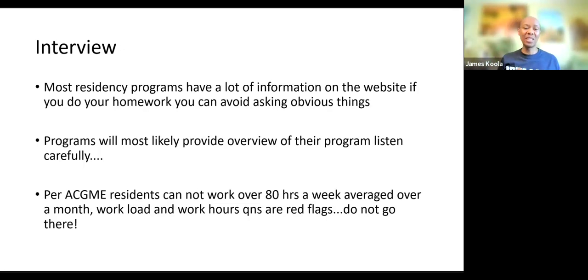So when somebody asks questions about workload or work hours, it raises a lot of red flags. You don't need to go there. Don't ask that question, because if residents work more than this, averaged over a month, the program will get reprimanded. So somebody is there protecting you. Usually people work around 60 hours, and it's doable.